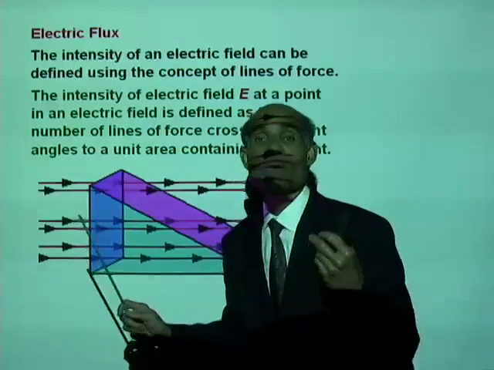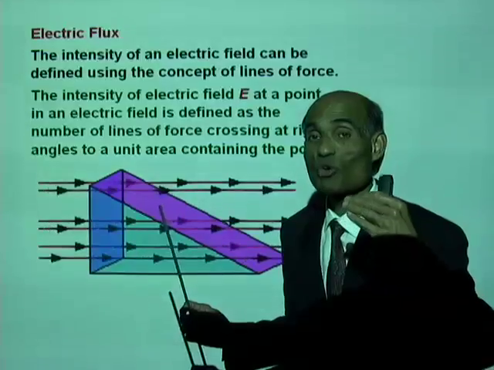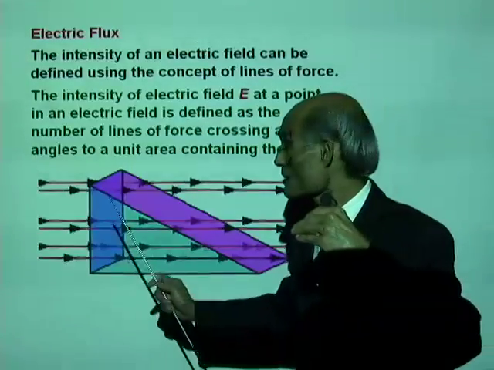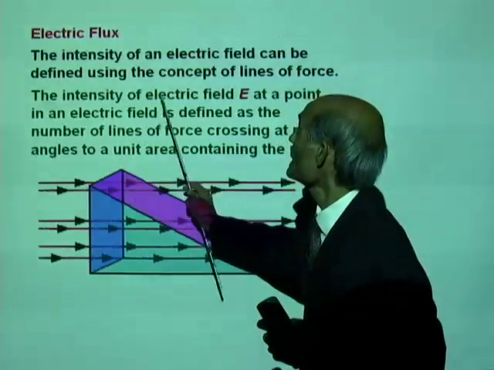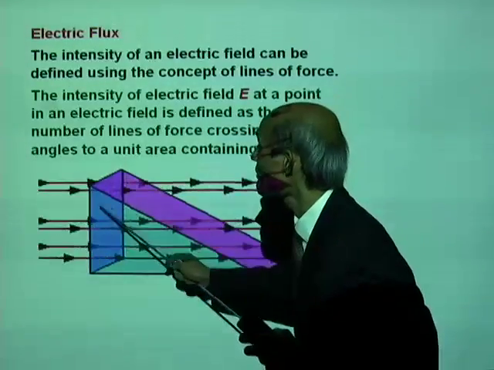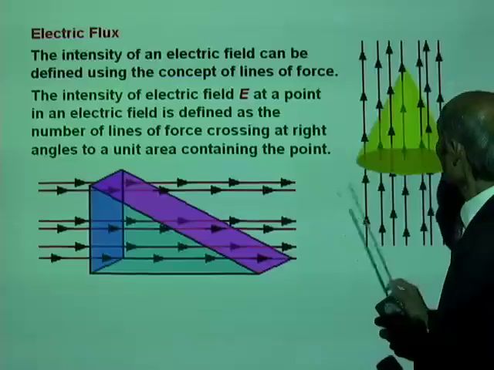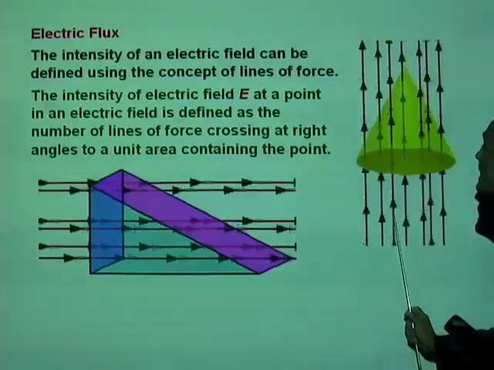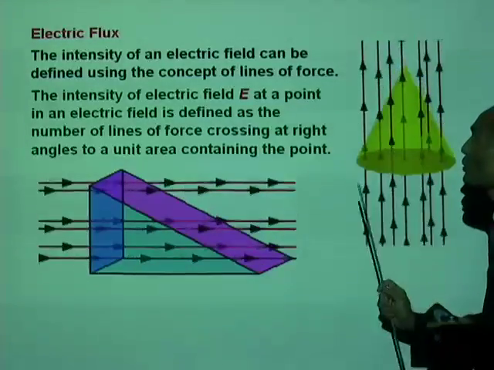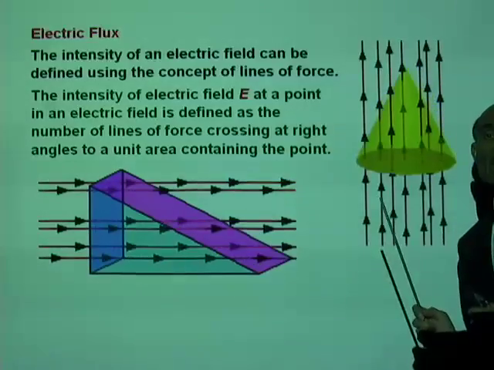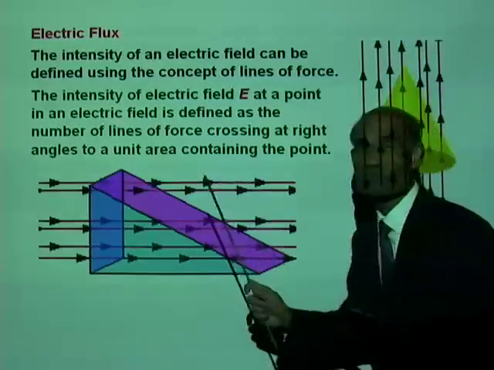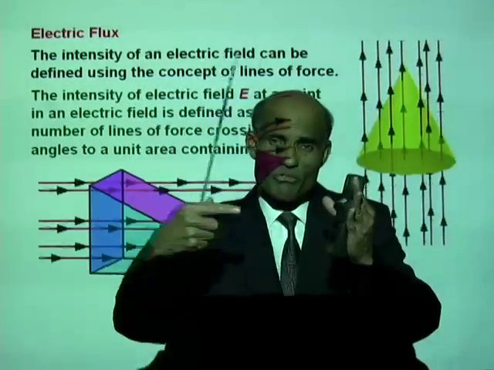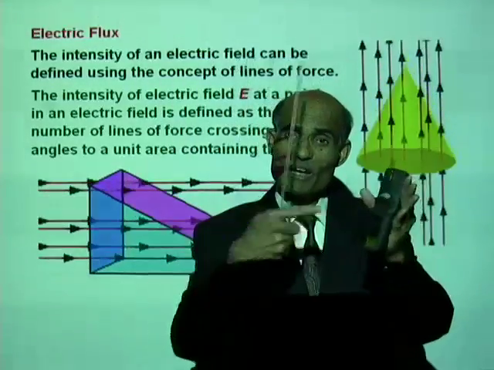In other words, number of lines of force crossing at right angles to a unit area containing that point is a measure of the electric field at that point. And here is another illustration of electric field lines crossing a given area. Alright? I hope you got a concept of what it means, electric field lines crossing a given area.